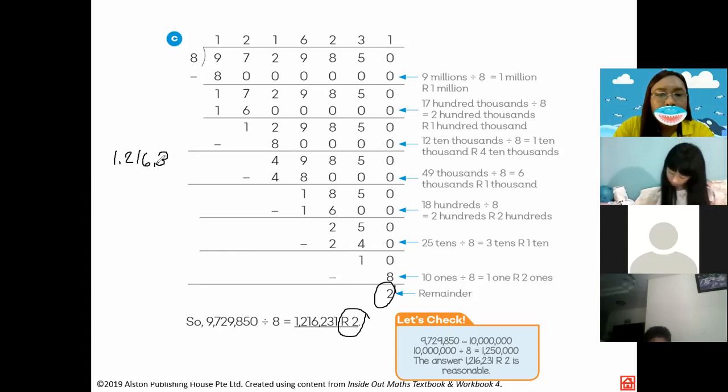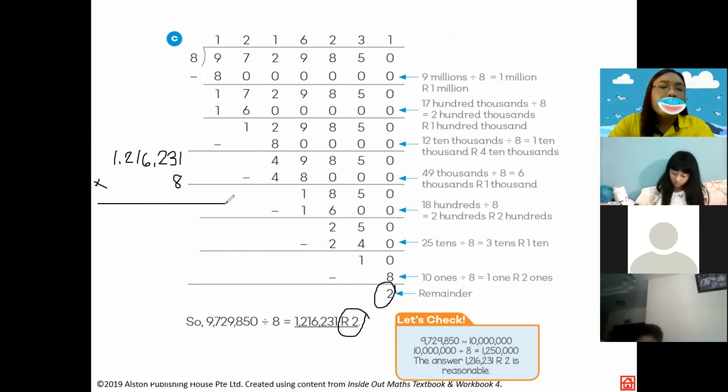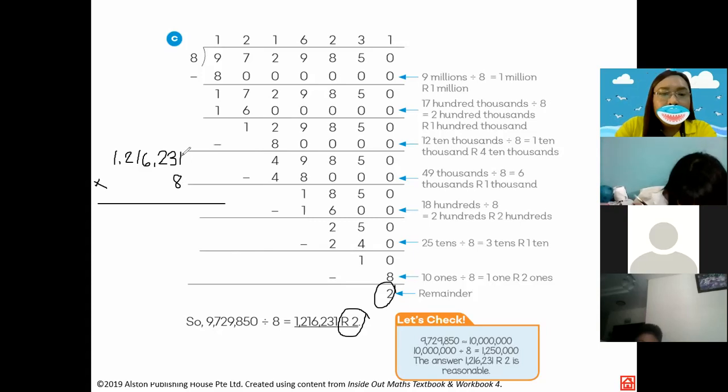So that's 1,216,300 and, oh, no, it's 200. Hold on. That's 231. Multiplied by 8. Okay. I'm sorry, I made a mistake earlier. So 8 multiplied by 1, that's 8. 8 multiplied by 3, that's 24.